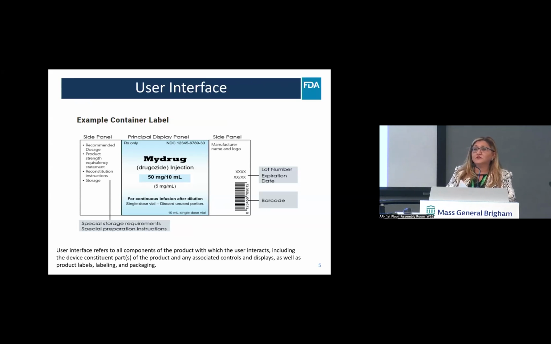But our focus is to ensure that the end user, when they're interacting with the product, container label and carton labeling, as well as prescribing information and the instructions for use, are able to locate all the information needed for them to prepare the product, prescribe the product, as well as safely administer the product.